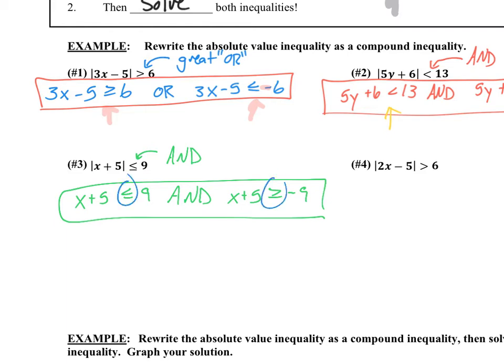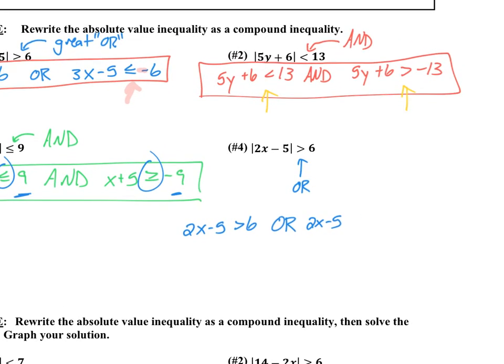The symbol got flipped, and the 9 became negative 9. Okay, and then the last one, absolute value of 2x minus 5 is greater than 6. Greater than is an or, so it'd be 2x minus 5 is greater than 6, or 2x minus 5. Flip your symbol to less than, and it becomes negative 6.